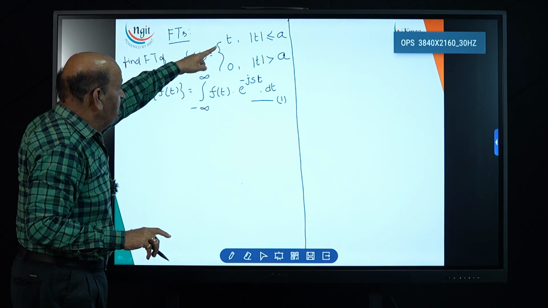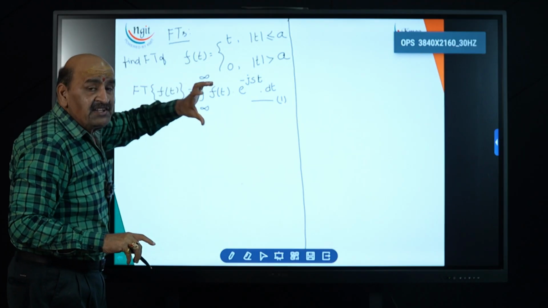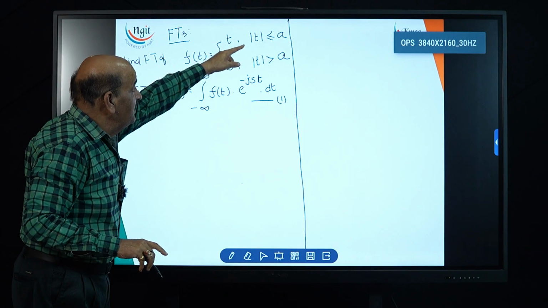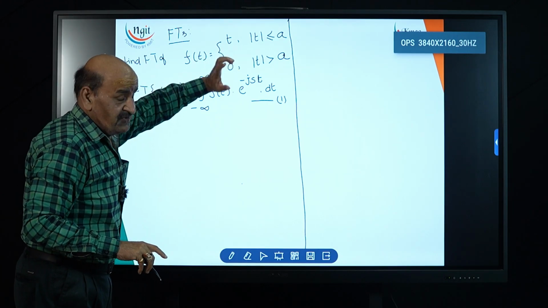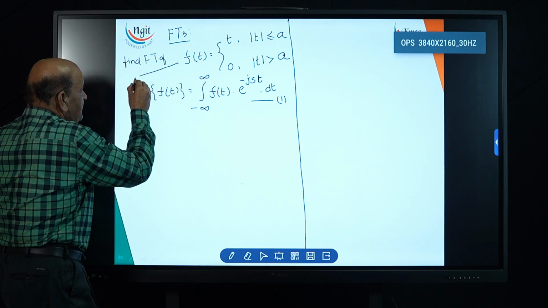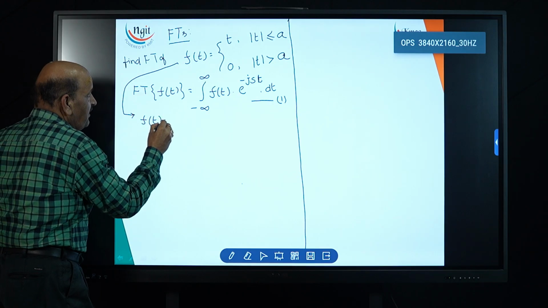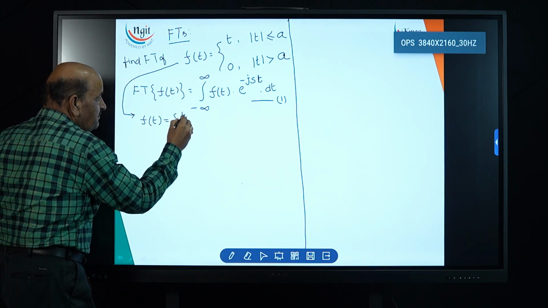Here, one important thing students have to remember. Whenever a formula is given like this, and whenever there is a modulus, you have to rewrite the given signal. How to rewrite? f of t equal to t.